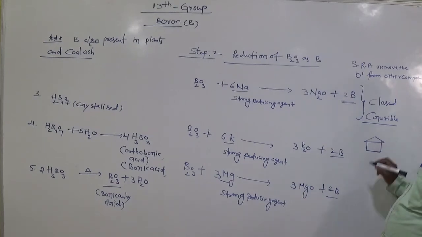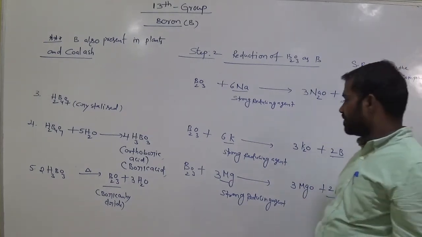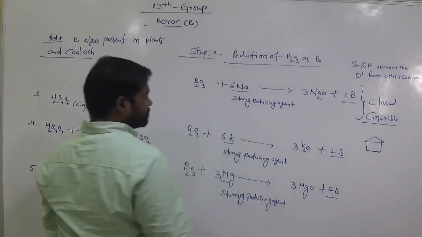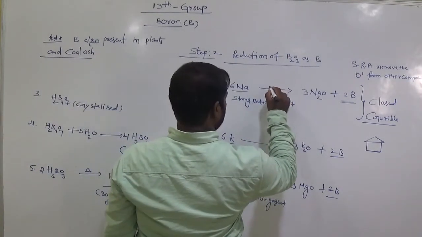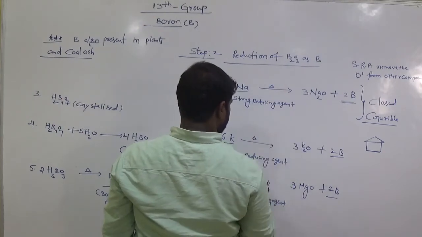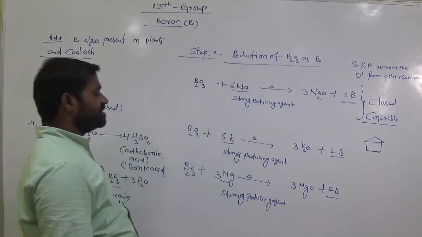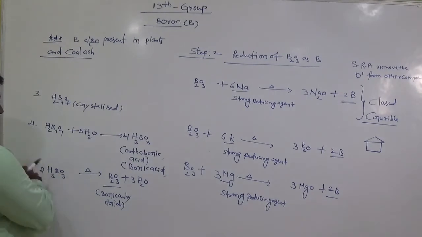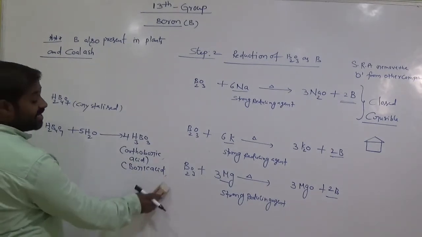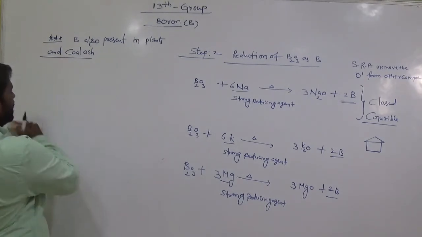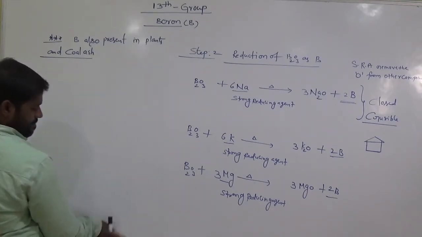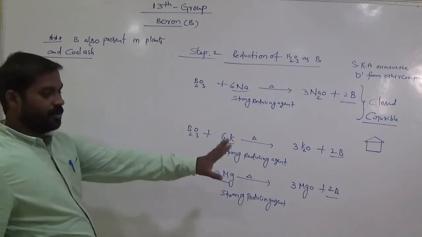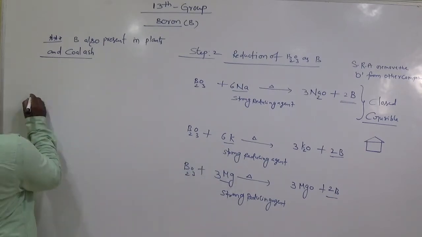Remember this. This symbol is called delta. Delta means heating. So we extract the boron.